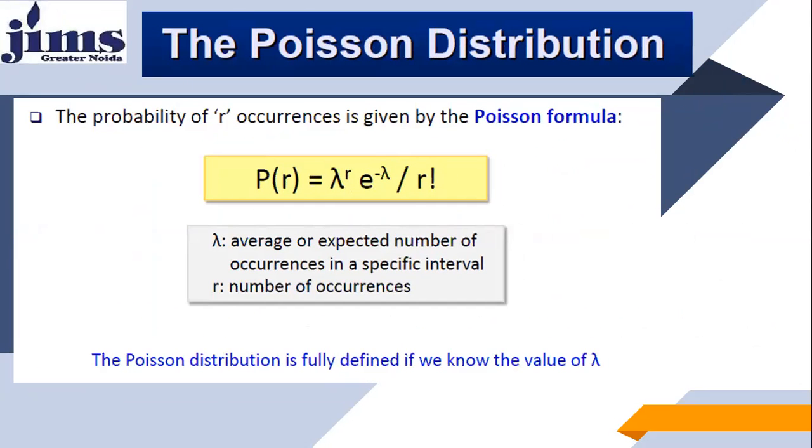Now, how do you calculate the Poisson probability? This is the mathematical formula that we call the Poisson formula. The probability of r occurrences is P(r) equals lambda to the power r, e to the power minus lambda, upon factorial r.